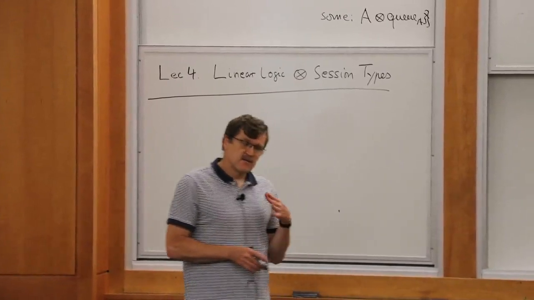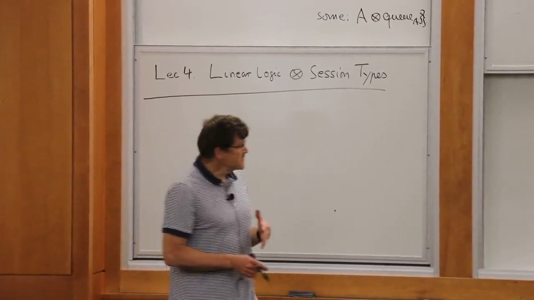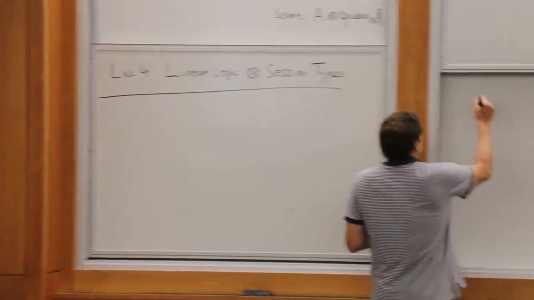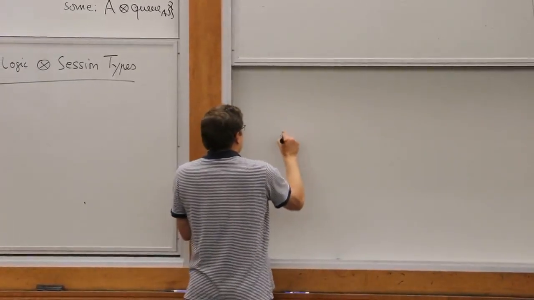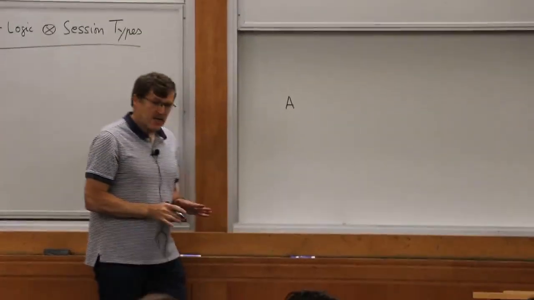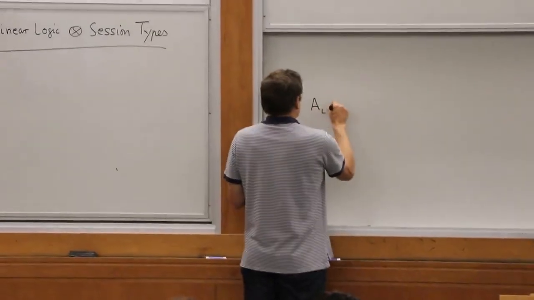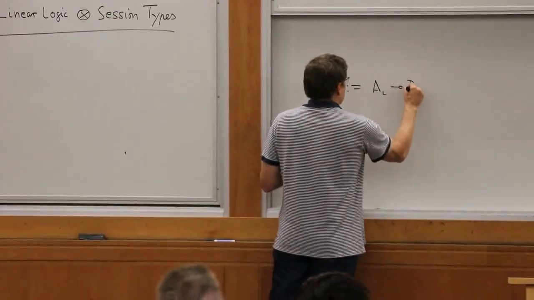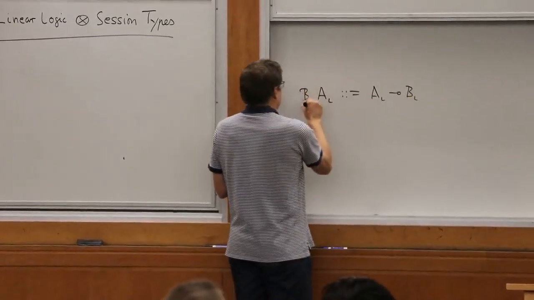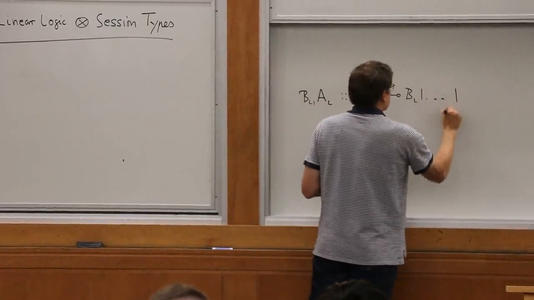And we later discovered that it's best to decompose this. So what we do is that we think of all the types as being indexed by whether they're linear or not. So at the linear layer, you have A_L arrow B_L, and all the other things, okay?